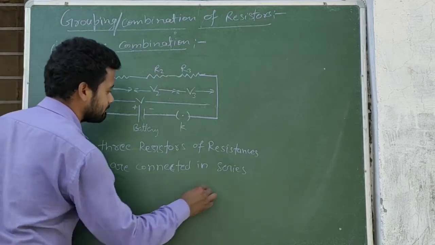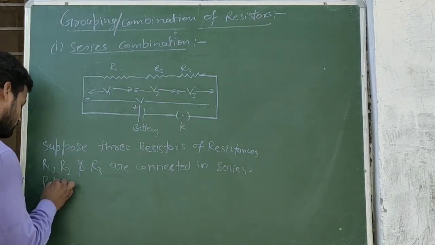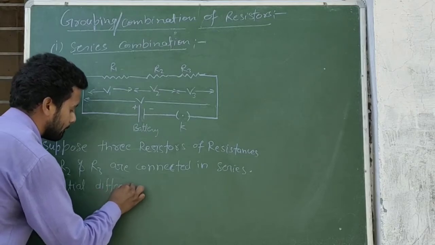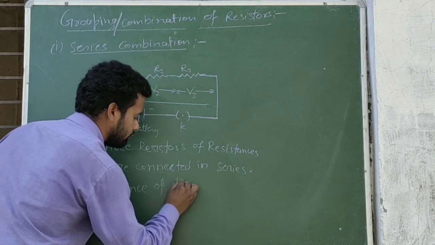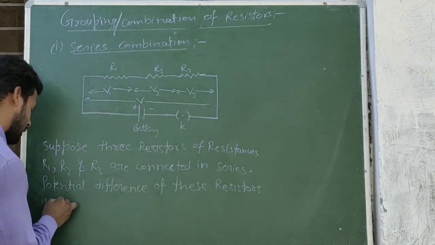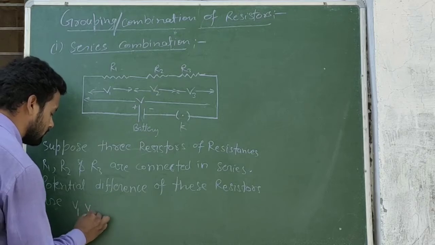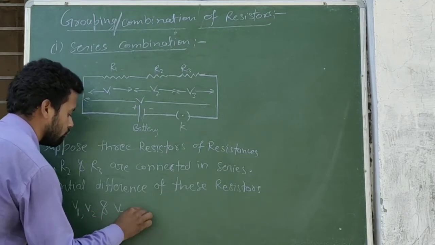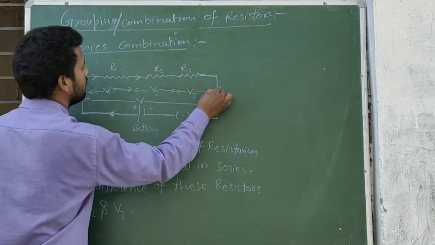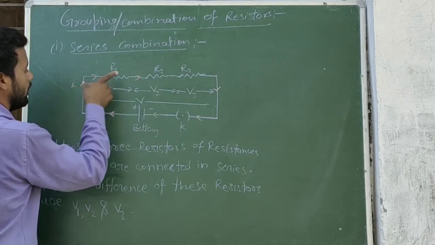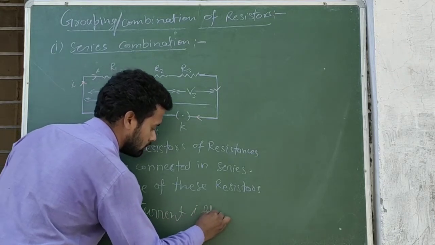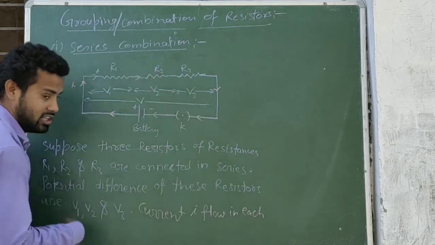Potential difference of these resistors are V1, V2 and V3, and current I flows in each resistor. The current is equal in all of them. Current I flows in each resistor.